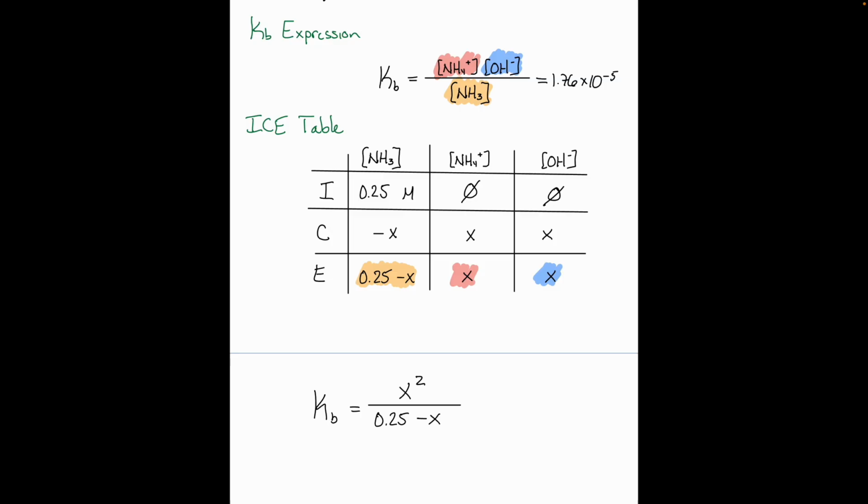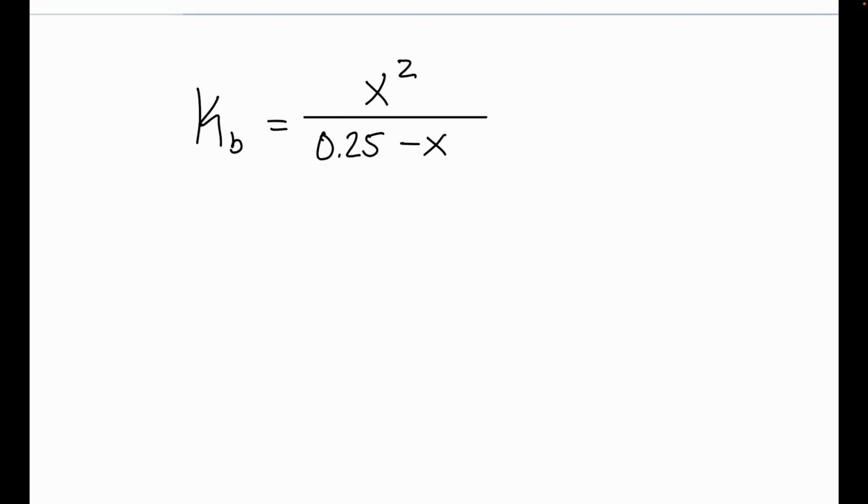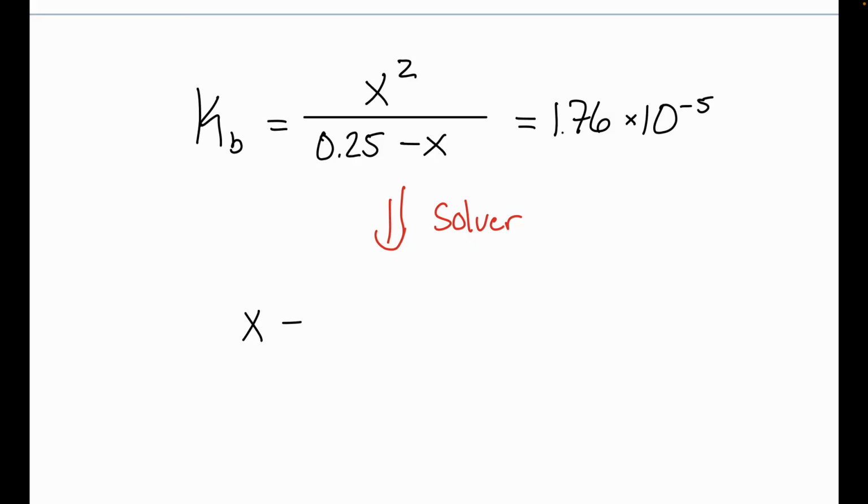All right, give it a second here, and it returns this value of 0.002088, whatever. I'm just going to say we used the solver here, and we found our value of x to be 0.002088.